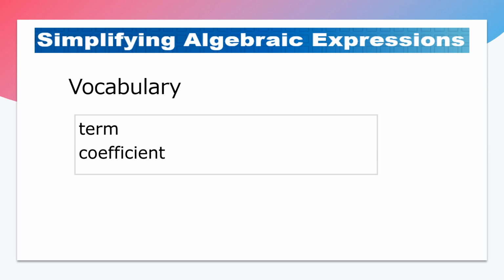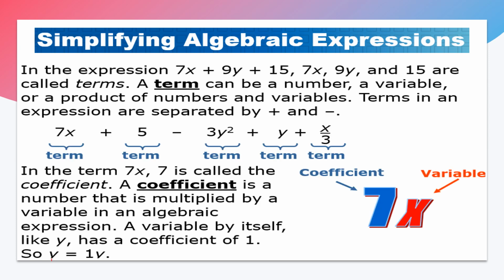Before we go on, let us identify some vocabulary that we are going to encounter in the next lesson. So we have term and coefficient. In the expression 7x plus 9y plus 15, 7x, 9y, and 15 are called terms.